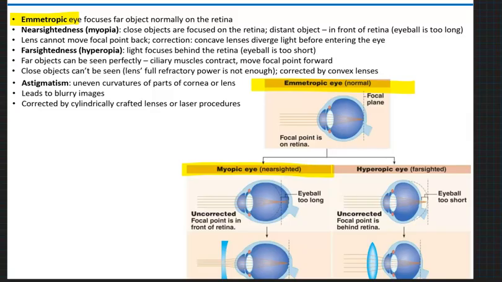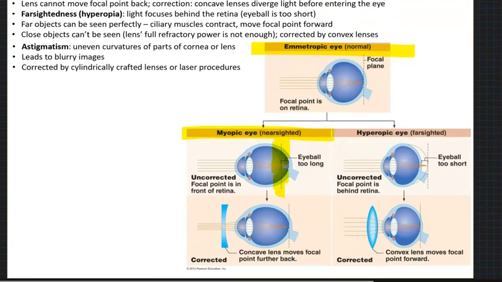So when your lens focuses, an image is focused in front of the retina. So what do you do? You put a concave lens in front of an eye, and it pushes the image back towards the retina, and that's corrected. Am I making sense?